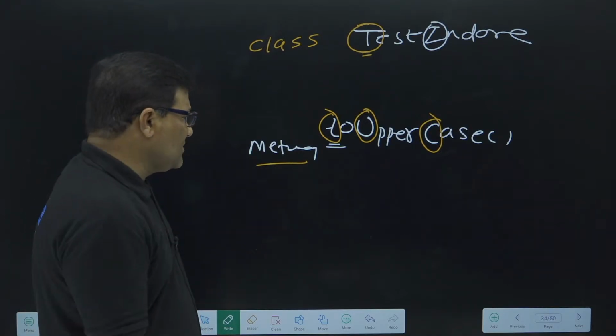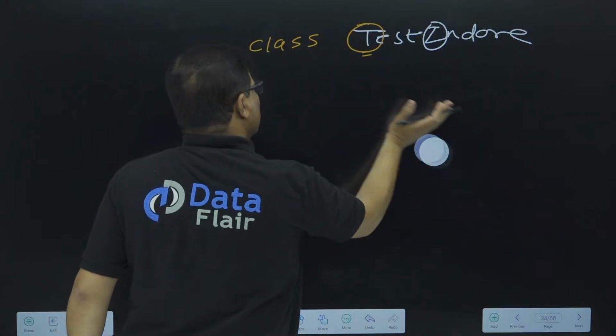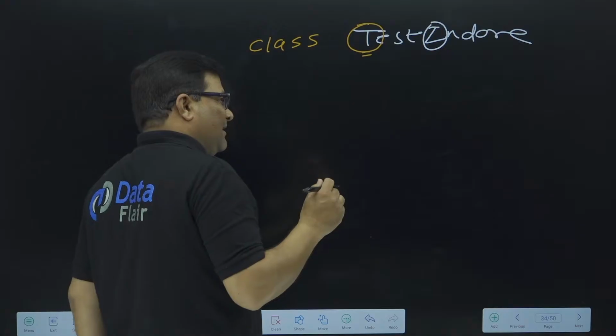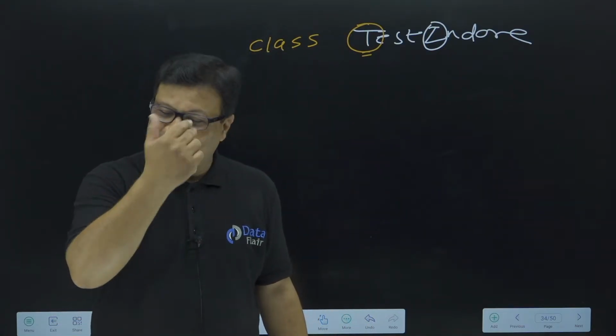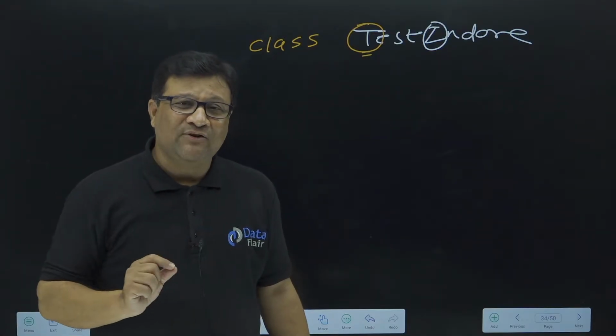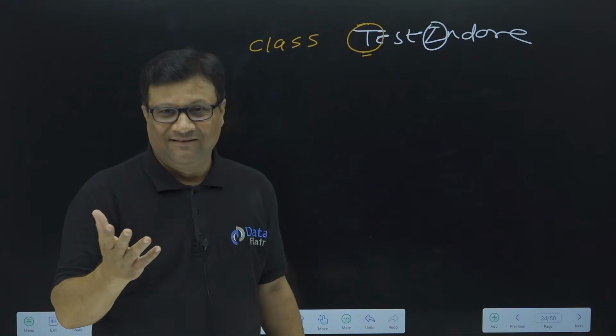Now suppose my class name is something like hello friend Indore. Consider this a class name. What syntax do I need to follow? Hello friend Indore, or hello Indore friend, suppose anything.